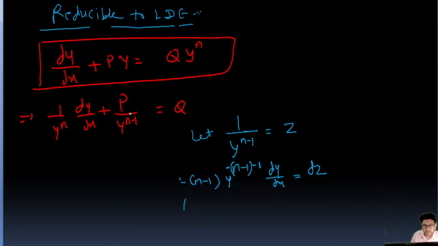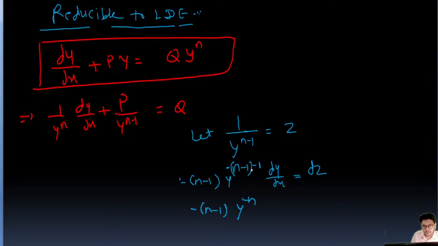So from here what we are going to get is 1 upon, if you simplify it. So it's going to be minus n minus 1, and this is y to the power minus n.